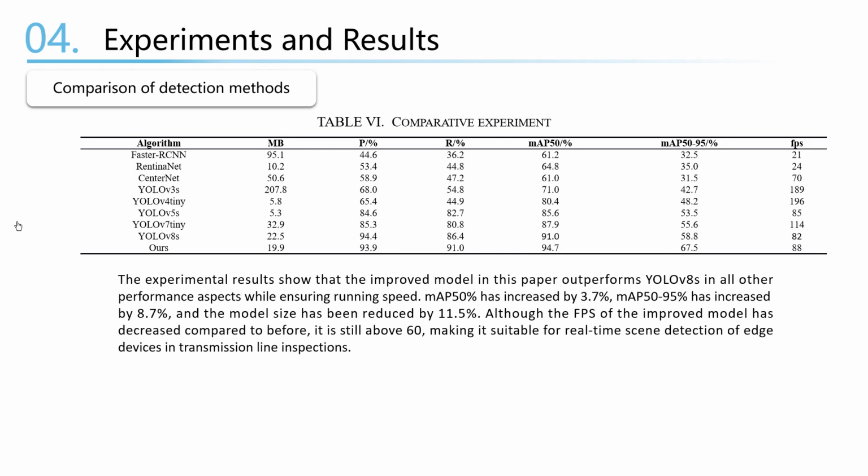And the model size has been reduced by 11.5%. Although the FPS of the improved model has decreased compared to before, it is still above 60, making it suitable for real-time detection of the defective devices in transmission line inspections.